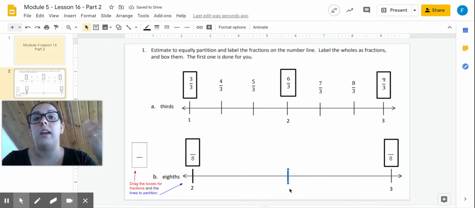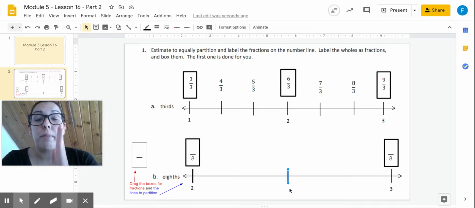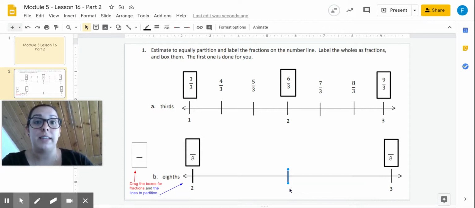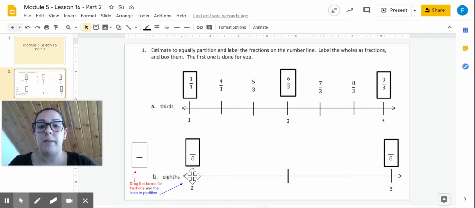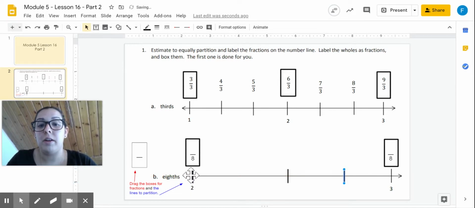Anytime that you have a fraction with an even denominator, you can start by breaking it up in half. And this makes it easier for you to have those evenly spaced out lines. So there's my half point, and then I'm going to drag on my next one, and I'm going to break this in half. Then I'm going to break this in half. And now I have fourths.